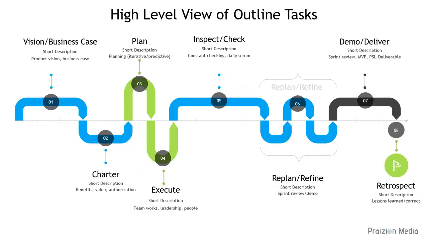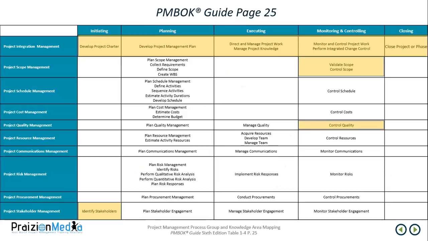If you're trying to tackle the entire page 25, you will get lost. You've got to break it down into pieces, break it into chunks, and from there, build in putting everything together. But don't try to put the entire thing together at one time.